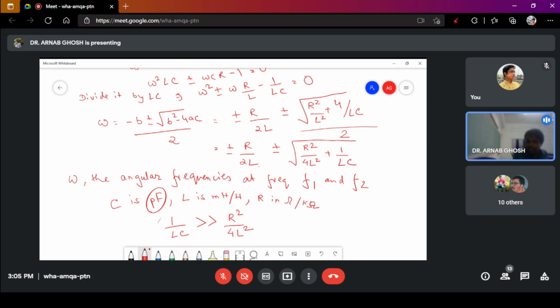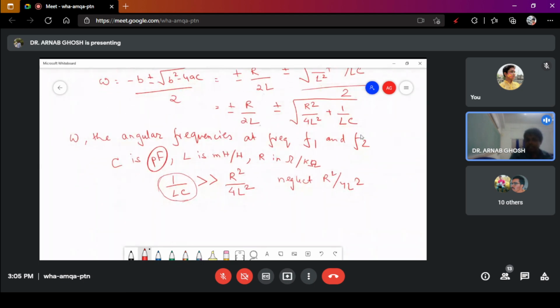So you can neglect R square by 4L square in comparison to 1 by LC. So what is this equation becoming? Omega is plus minus R by 2L plus minus root over 1 by LC.